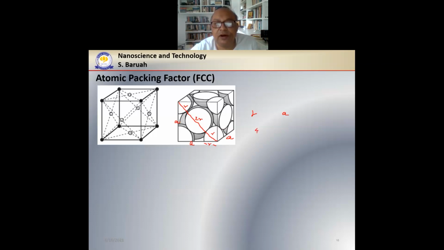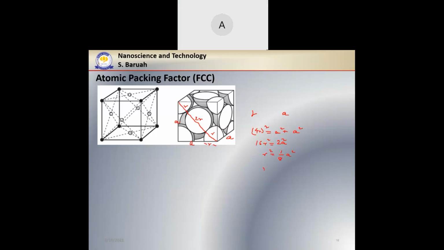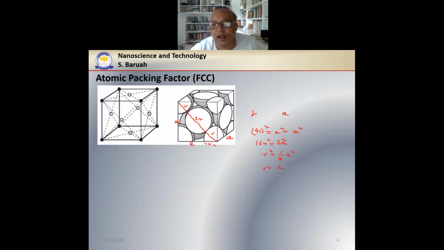That means 4R squared is equal to A squared plus A squared. So it will be 16R squared is equal to twice A squared, or R squared is equal to 1 by 8 A squared, correct? Now we take the square root, R equal to 1 by 2 root 2 A.